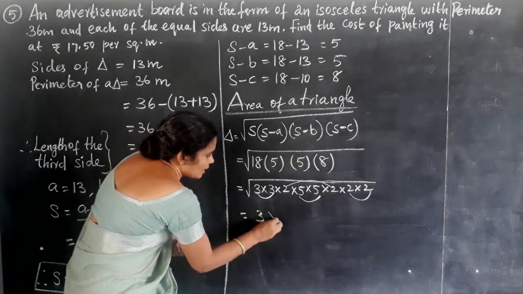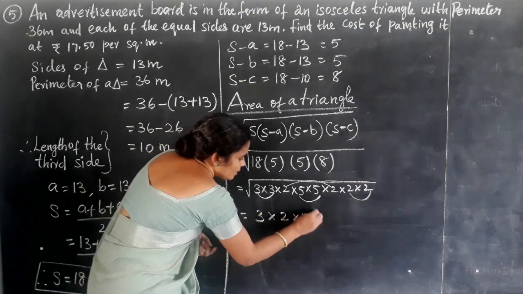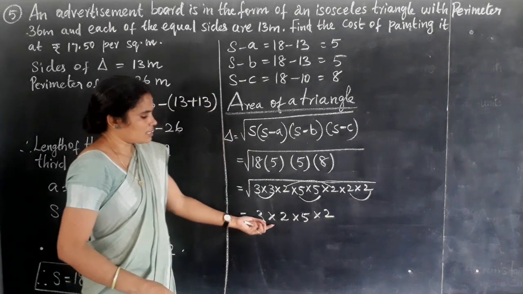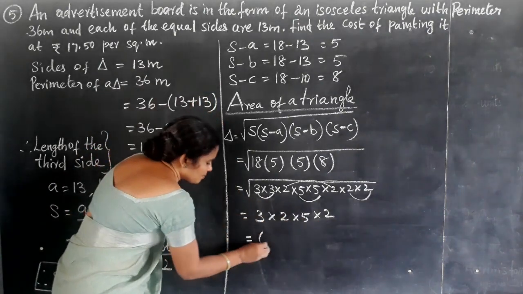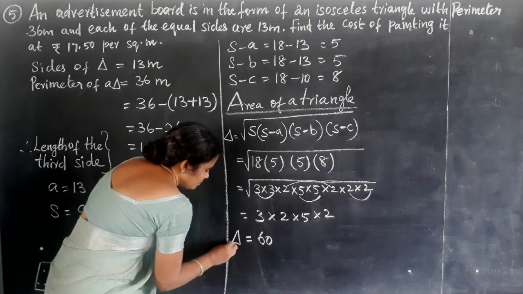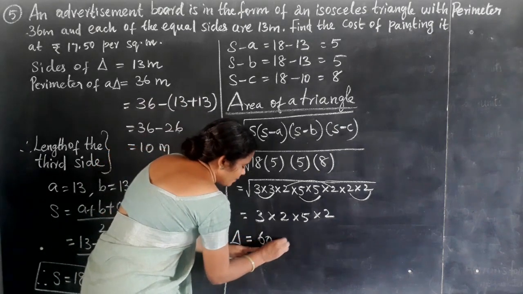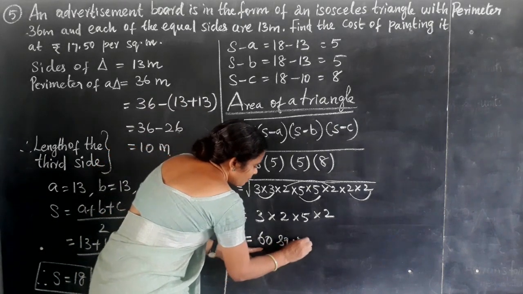Okay, so 3 into 2 into 5 into 2. 3 2s are 6, 6 5s are 30, 30 into 2, 60. Area of a triangle is equal to 60 square meter.